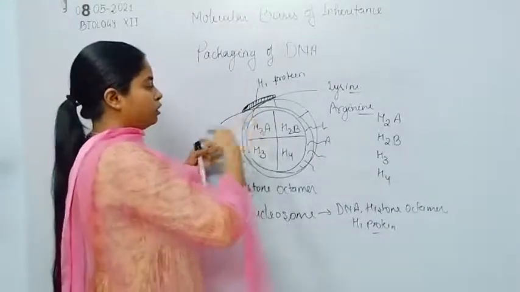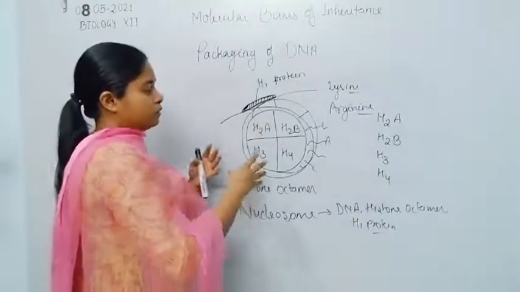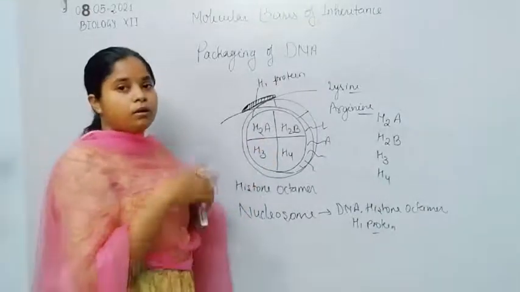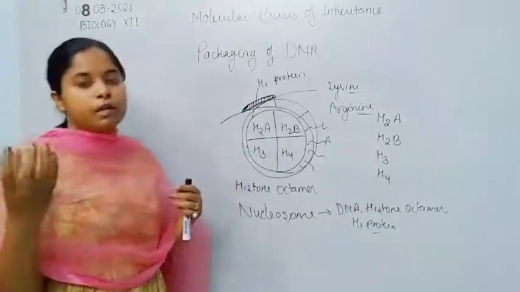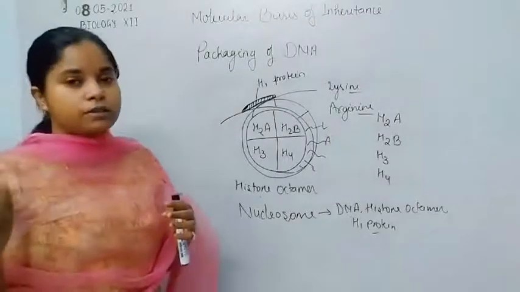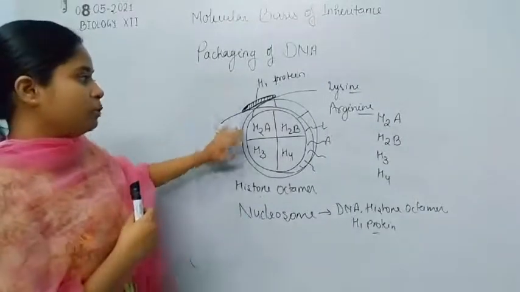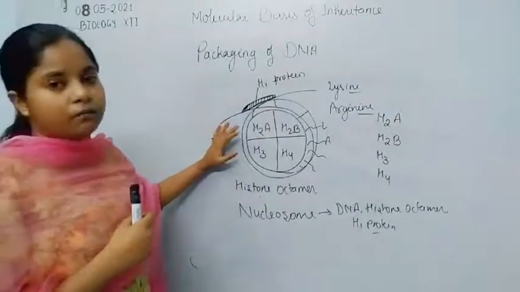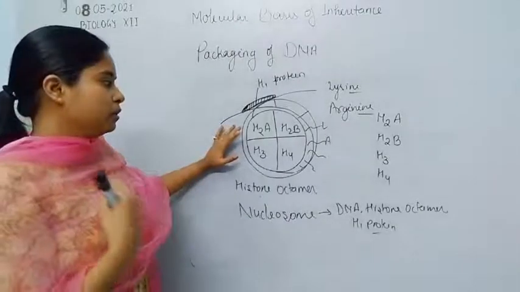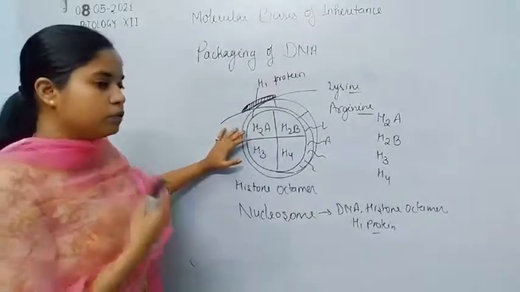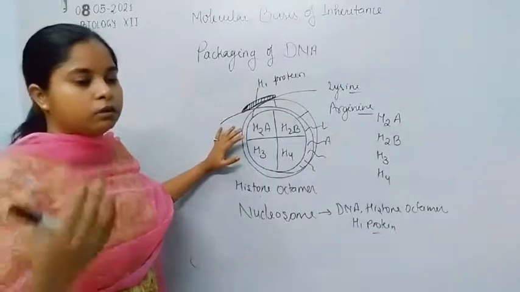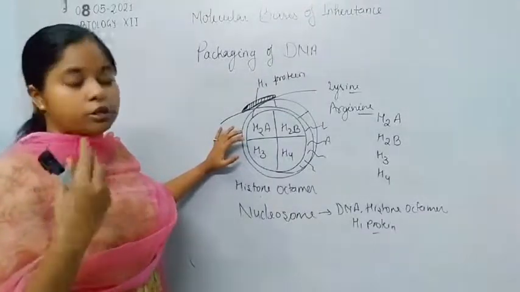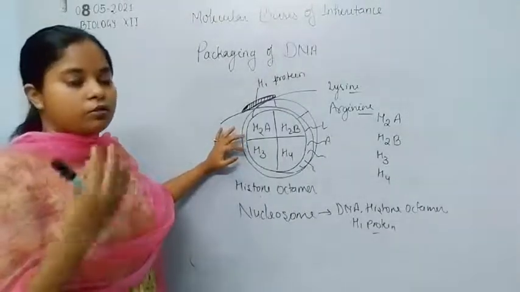So that the DNA molecule does not unwrap easily. With the help of certain proteins or enzymes, HAT or HDAC, the opening of the DNA molecule takes place whenever there is a need for regulation of gene expression.